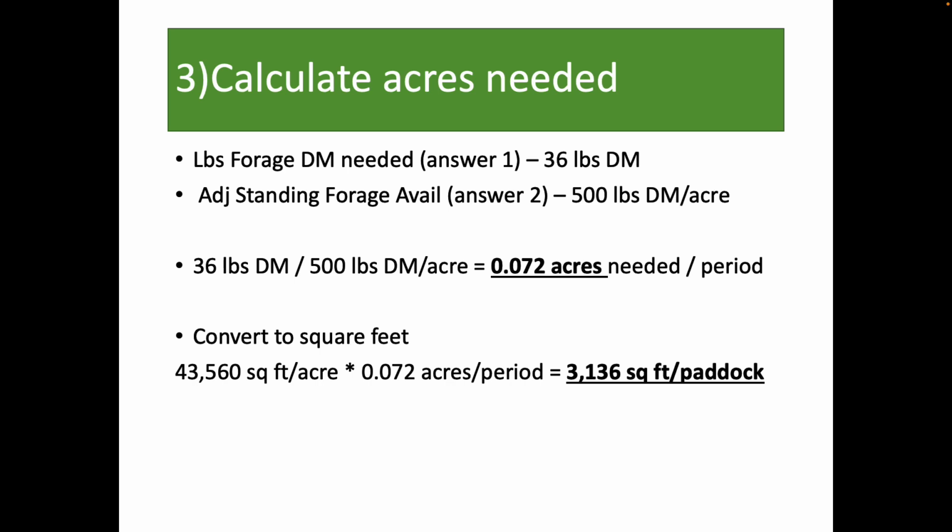And then you're going to divide that by the number we just calculated in part 2. So that's going to change depending on which utilization you're in. And then you should get acres per group per grazing period. So I'm going to do some of that math with y'all.